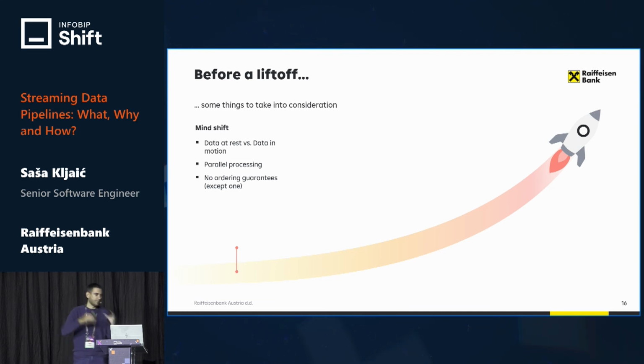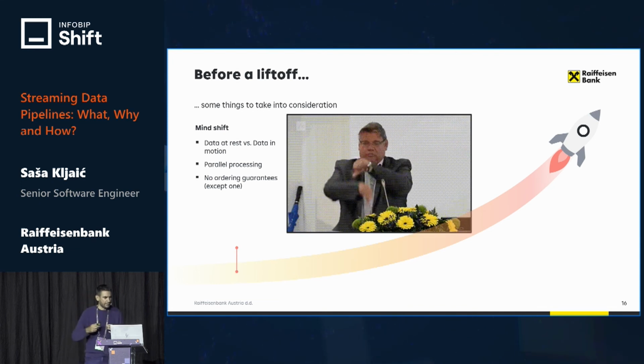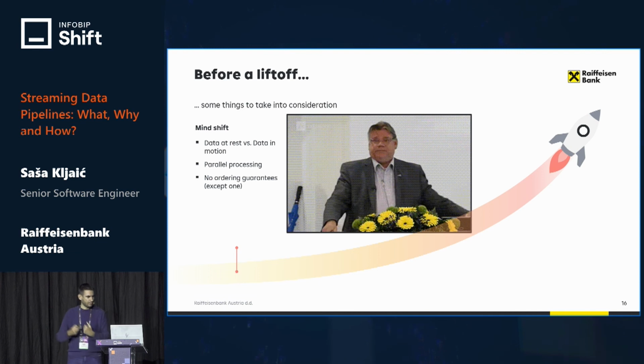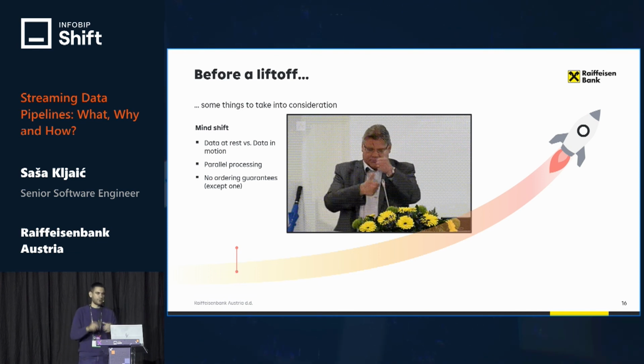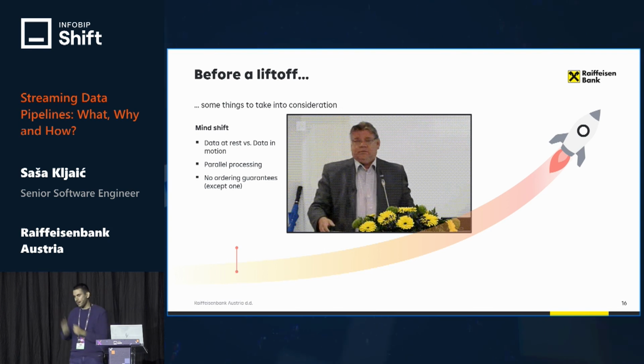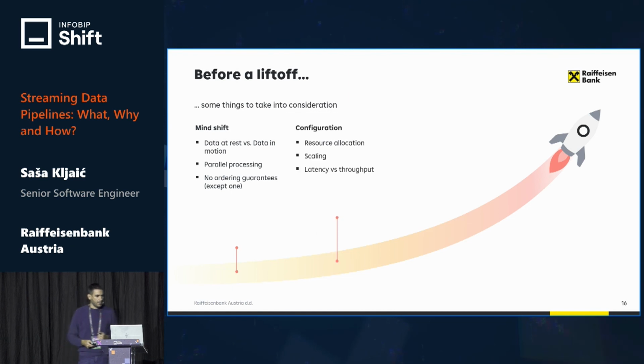What if one event is really late? What happens? When thinking about it, you really need to visualize what will happen out of your pipeline. And if you catch yourself waving hands like this guy, then you know you're on the right track with the mind shift.